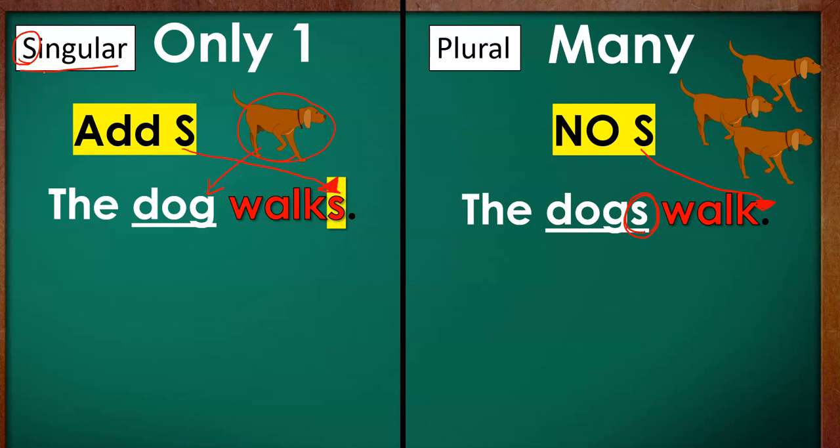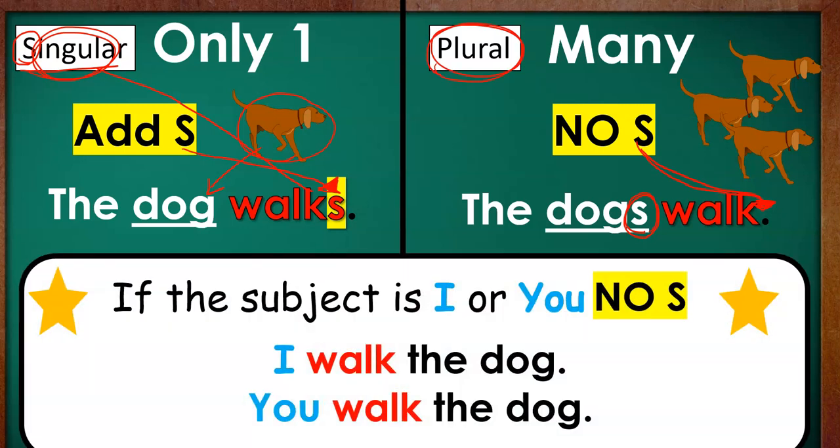Let's review it one more time. Singular noun, verb gets the S. Plural noun, verb gets no S. But here's the tricky part. This is something you have to memorize.